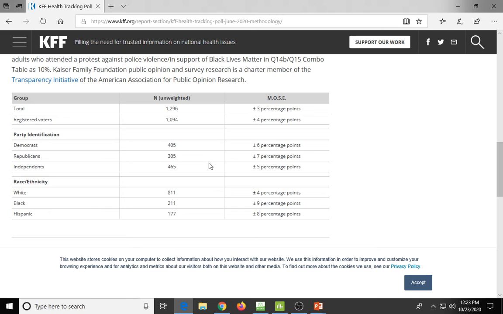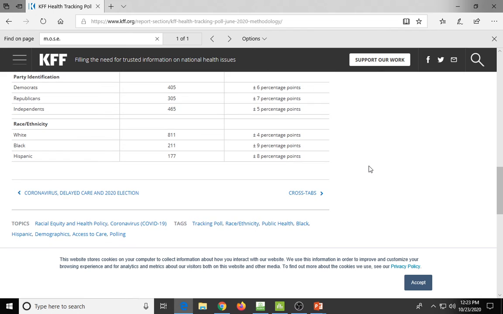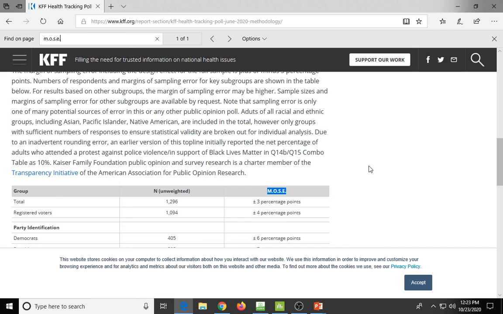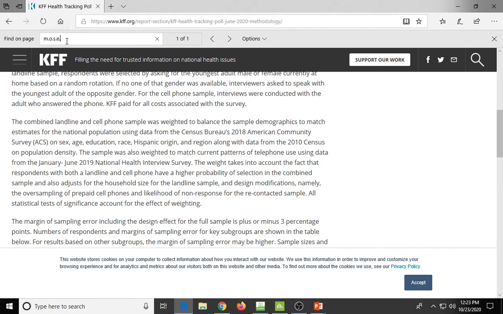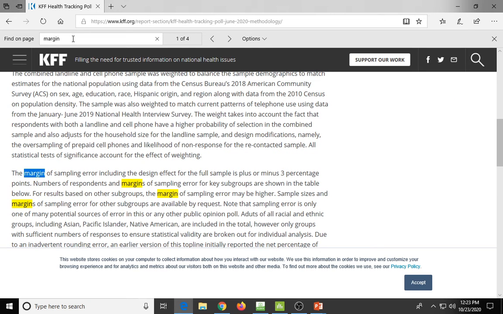There's multiple different, either the categories or... I don't think it tells me what that is. Or marginally a sampling error. It includes the full sample of plus or minus 3 percentage points and key subgroups, or maybe higher.